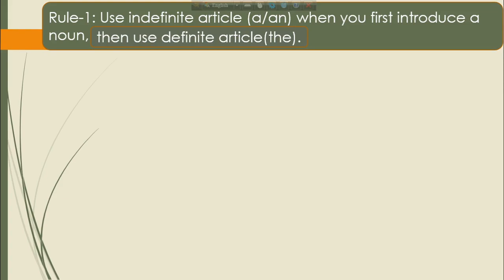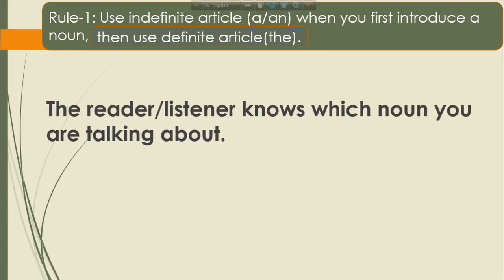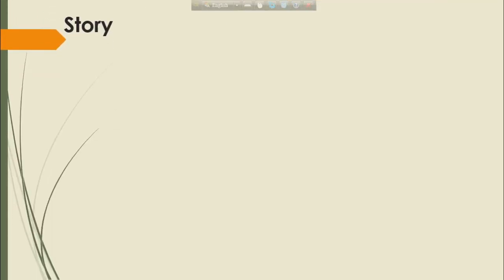Whenever you are writing or speaking, whenever you are mentioning a noun for the very first time, use the indefinite article a or an. Then use the definite article every time. That means when you are using the definite article, be sure that the reader or the listener knows which noun you are talking about.